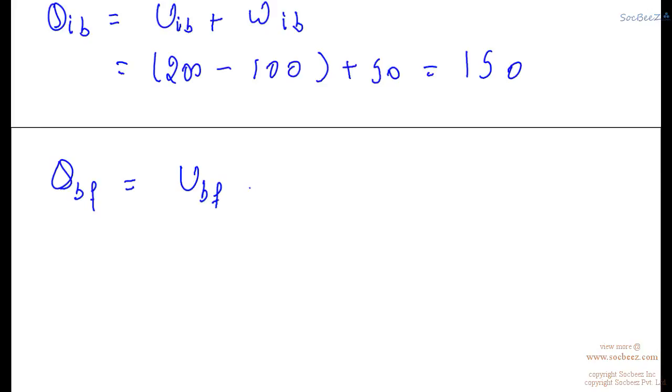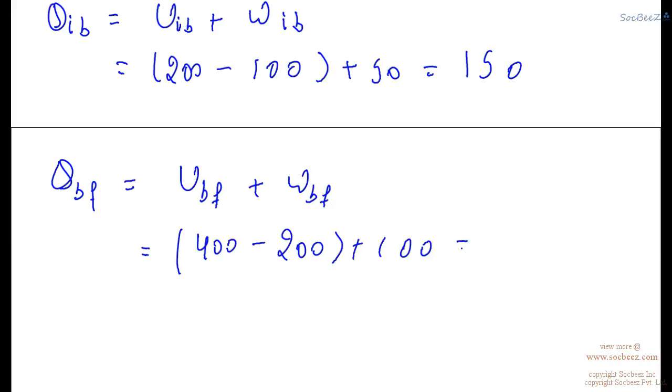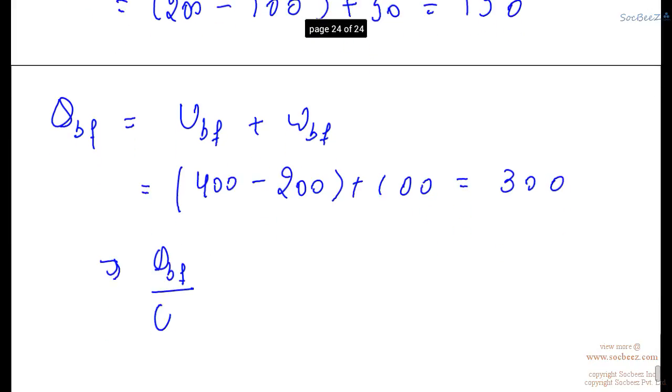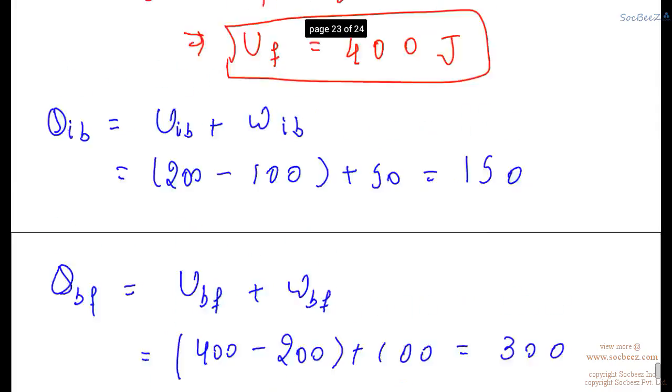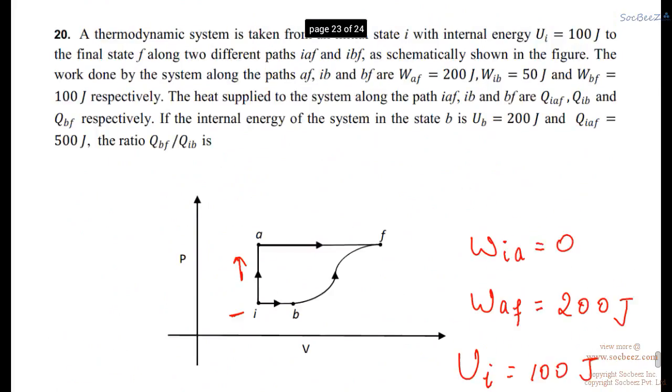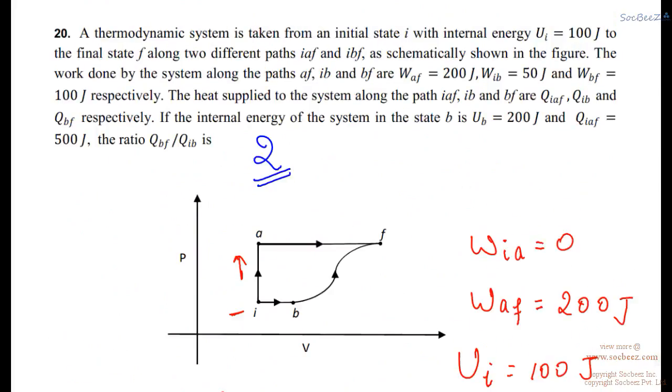QIB is 150 and QBF is delta UBF plus WBF, which is equal to 400 minus 200 plus 100, which is 300. So therefore QBF upon QIB equals 300 upon 150, which is equal to 2. So the correct answer for this question is 2.